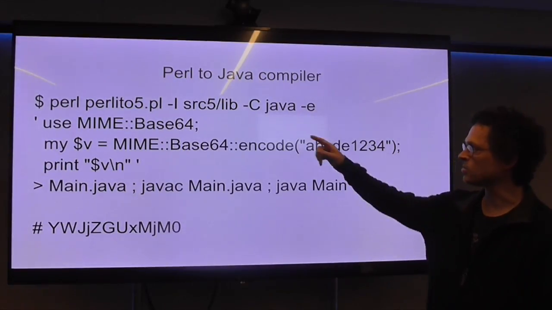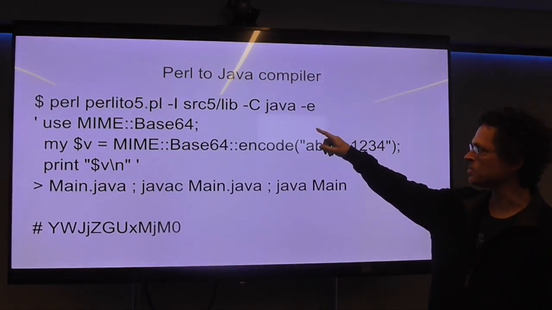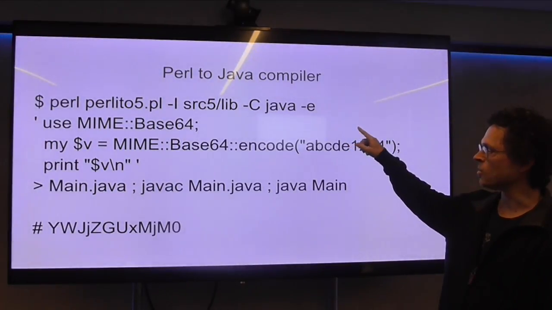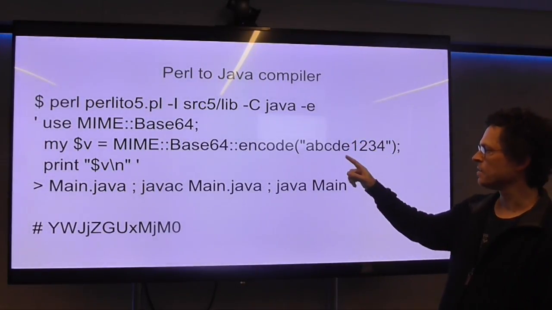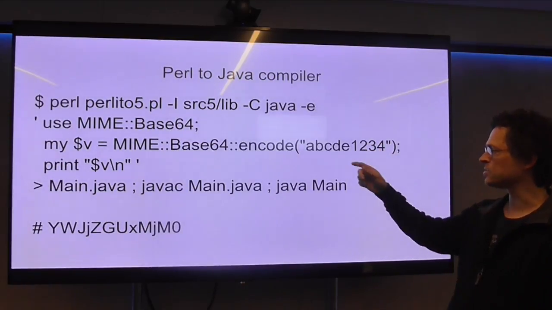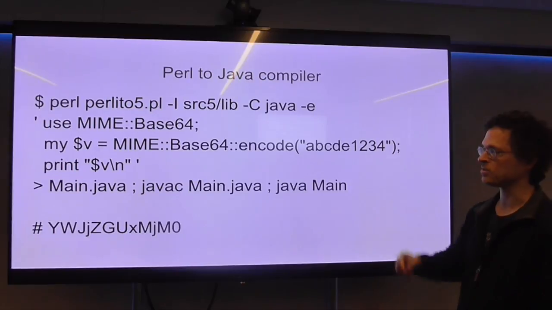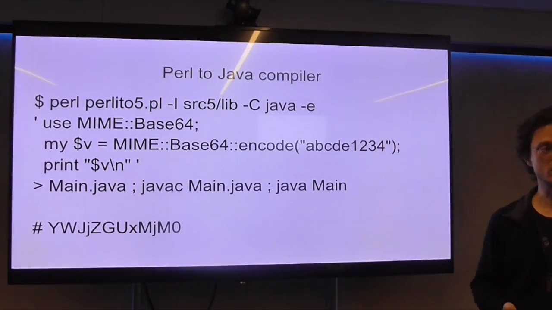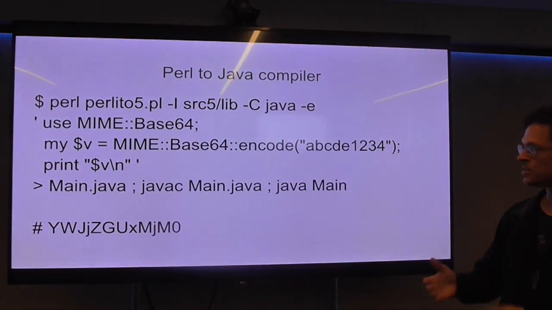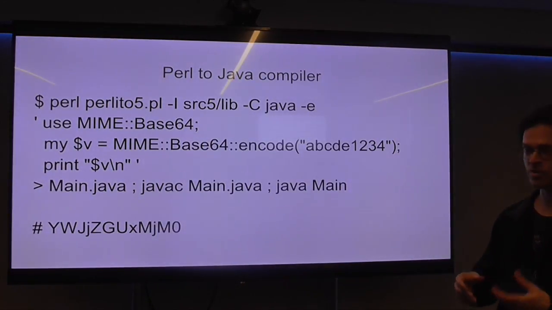you call the Perlito compiler with src5/lib as the include directory, compiling to Java, and the same code. What's happening here is we have a reimplementation of MIME::Base64, which uses Java. I'll show a bit more detail later. And this works as a shadow module.